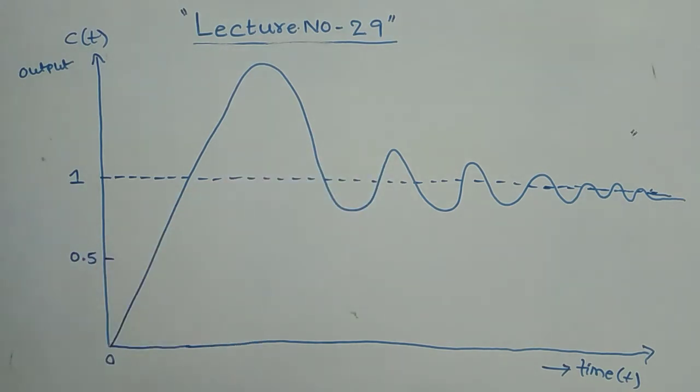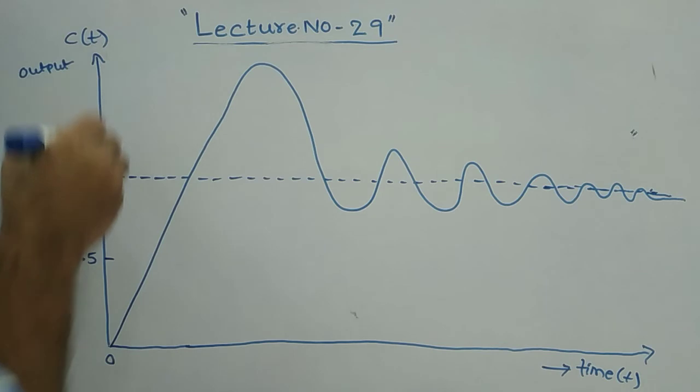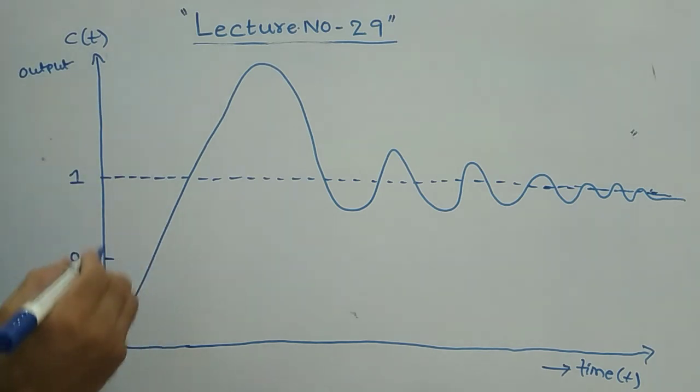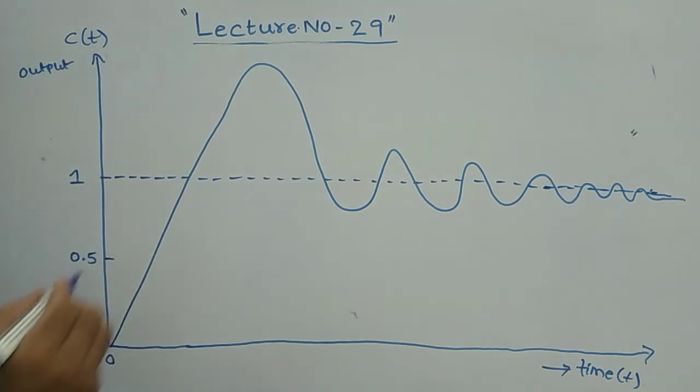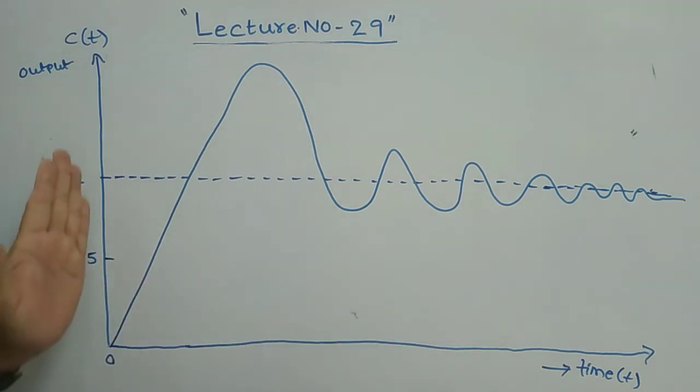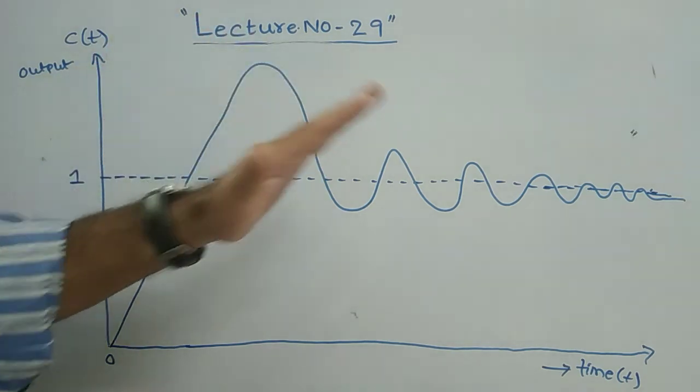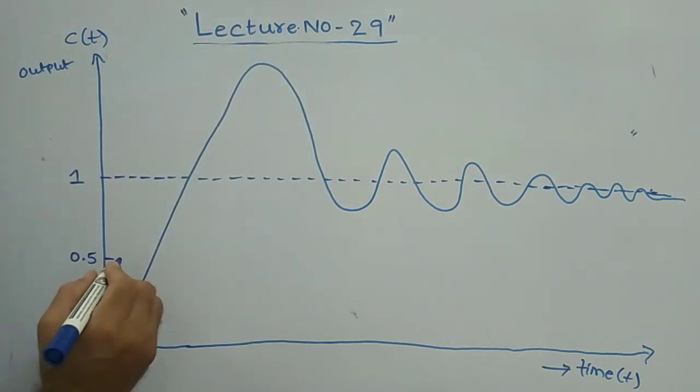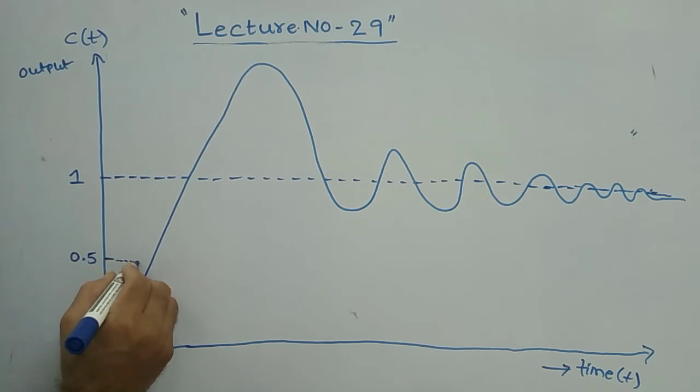As t goes on increasing, the output changes like this, in this way. And this is 0.5, that is 50%.